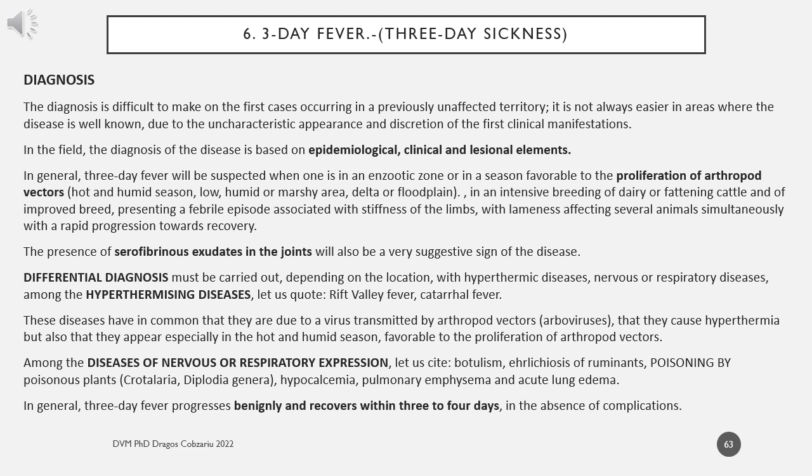Differential diagnosis must be carried out, depending on the location, with hyperthermic diseases, nervous or respiratory diseases. Among the hyperthermic diseases, let us quote Rift Valley fever and catarrhal fever. These diseases have in common that they are due to a virus transmitted by arthropod vectors, arboviruses, that they cause hyperthermia, but also that they appear especially in the hot and humid season, favorable to the proliferation of arthropod vectors.